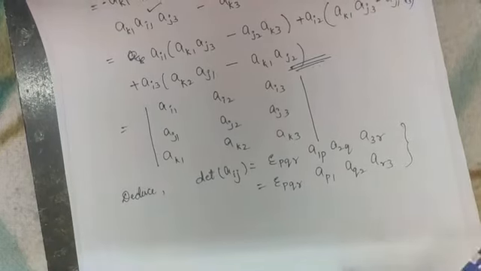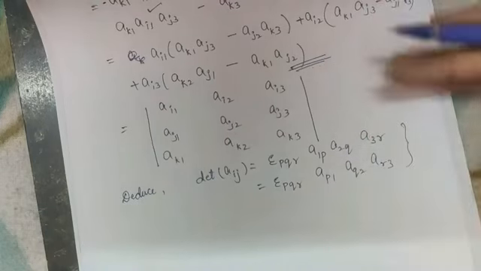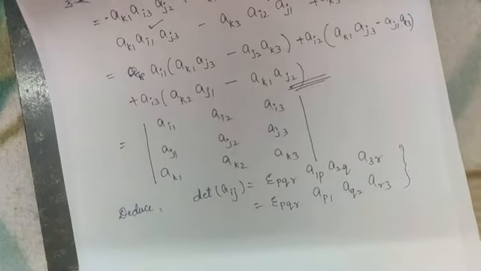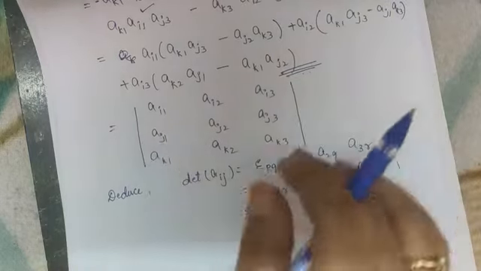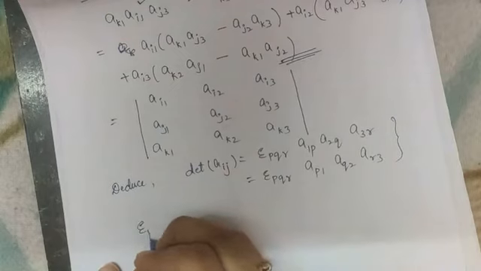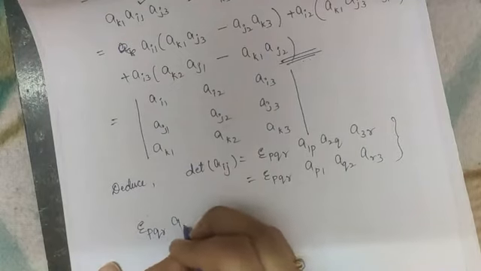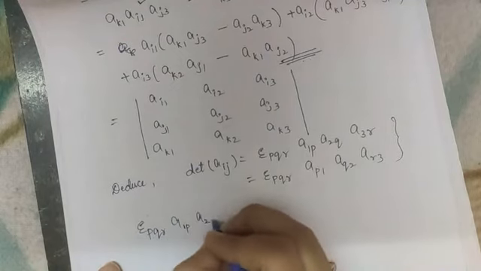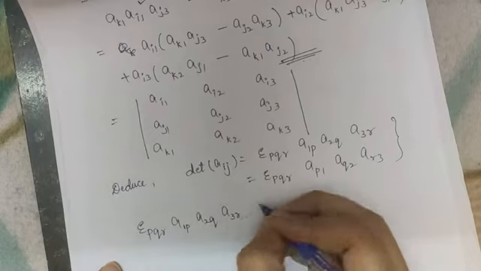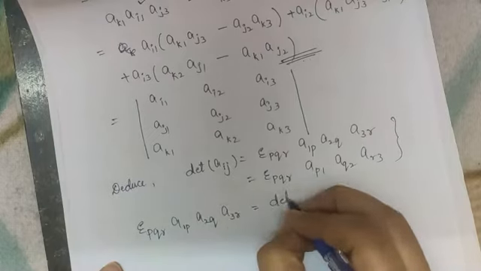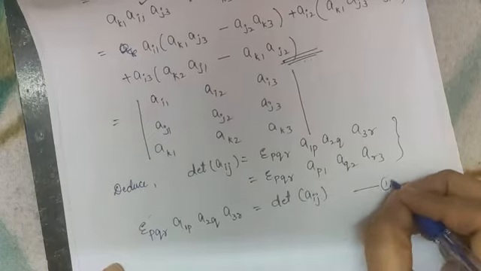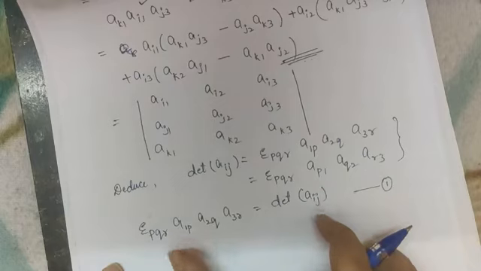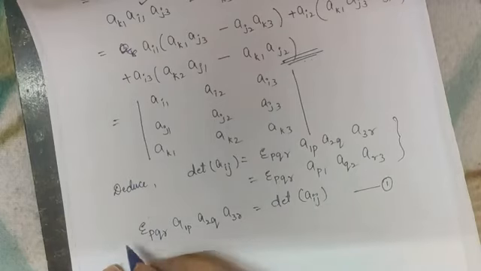Okay, we have to prove this identity. Actually, this part is a continuation of this problem. So now what I will do is consider this result. That means we have epsilon PQR A1P A2Q A3R, which is nothing but the determinant of Aij. I will call this equation number 1. How will you get this? By substituting.